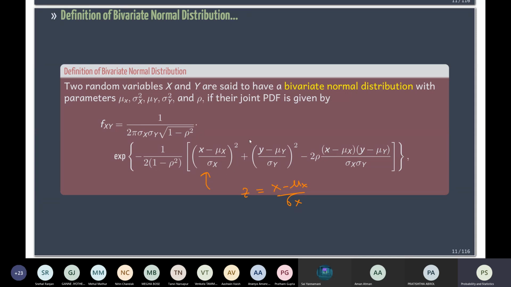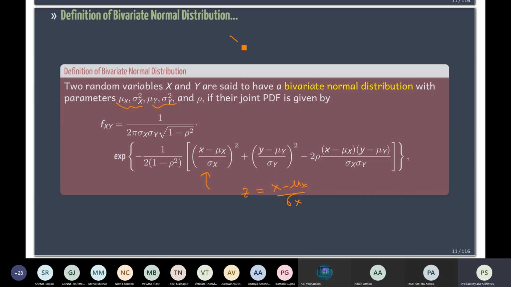Okay, so it's a matter of scaling, because now we are given mu x, mu y and so on. So we can write those variables in terms of the standard normal, and then just substitute that in.